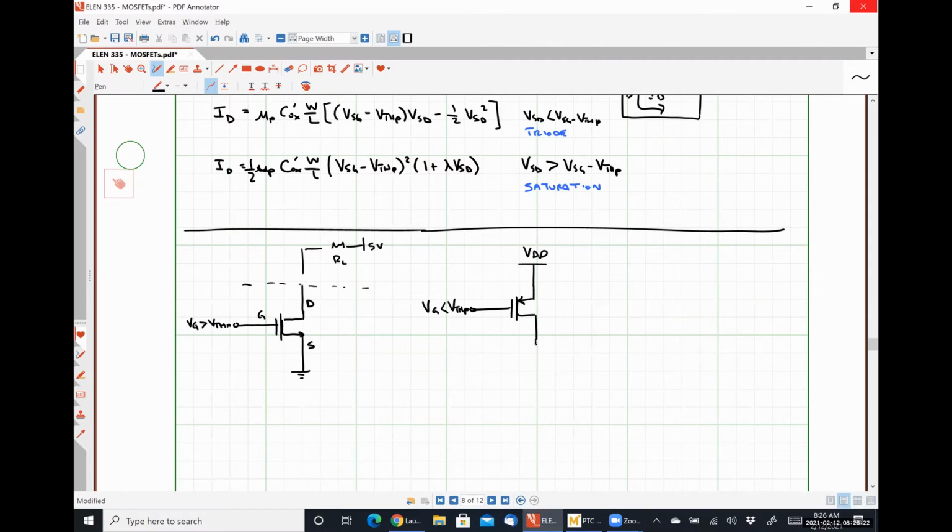Here's the drain. This is how you make an Nmos transistor behave like a current source, or excuse me, a Pmos transistor behave like a current source.